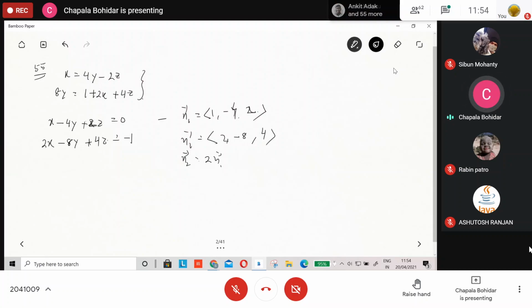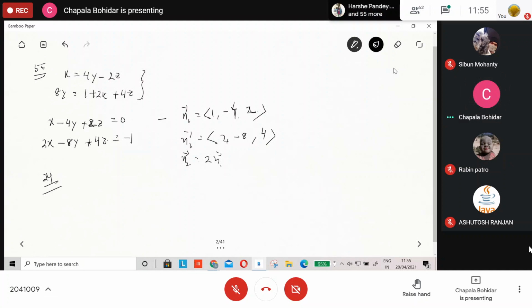Then come to question number 24. Find the equation of the plane, a very easy one. This is the last question I'm giving you.